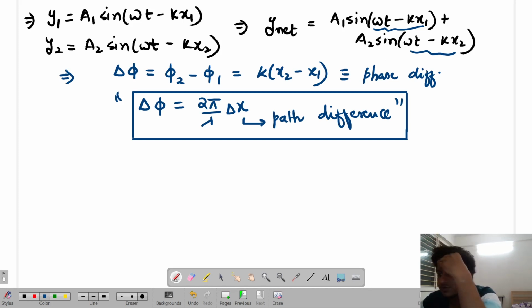That is what we are going to do right now, and we need to understand how it works. There is some specific value for delta x.